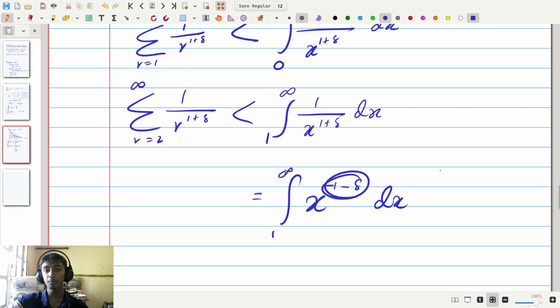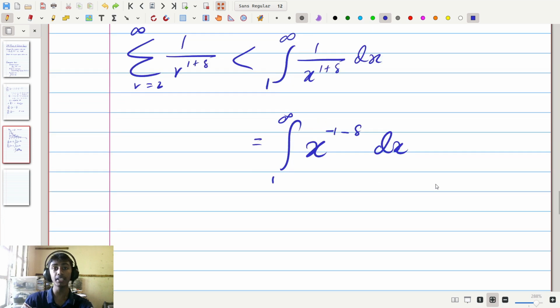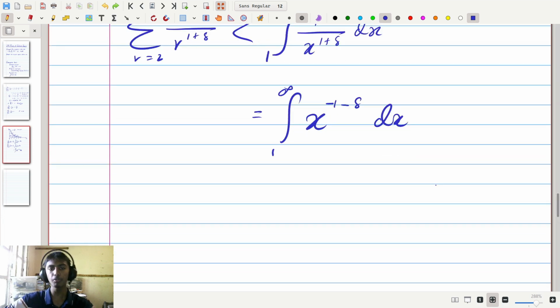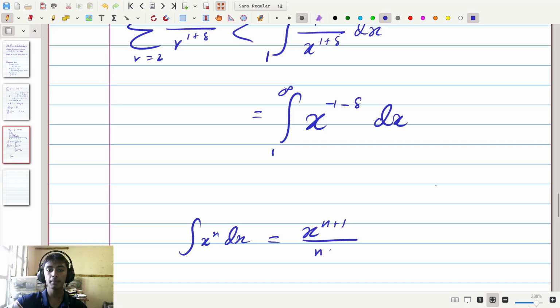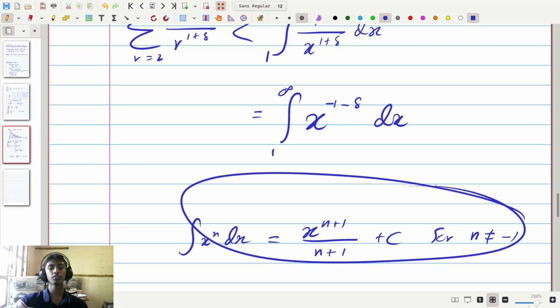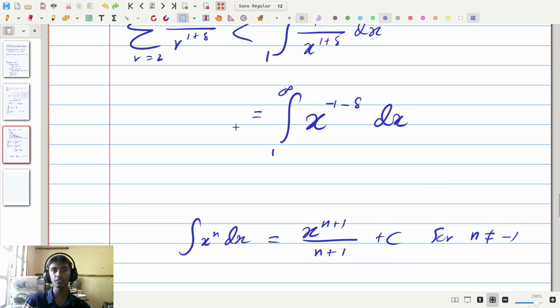Now, since this power here is not equal to negative 1, we can use the power rule for integration. The power rule for integration states that the integral of x to the power of n dx is equal to x to the power of n plus 1 divided by n plus 1, plus c, for n's that are not equal to negative 1.